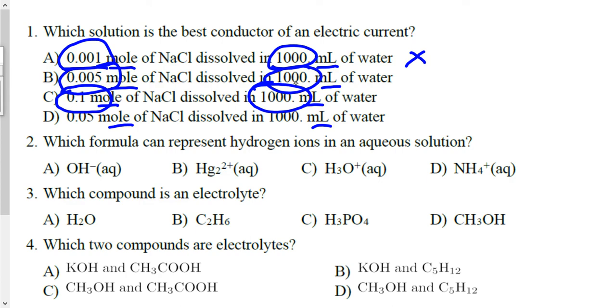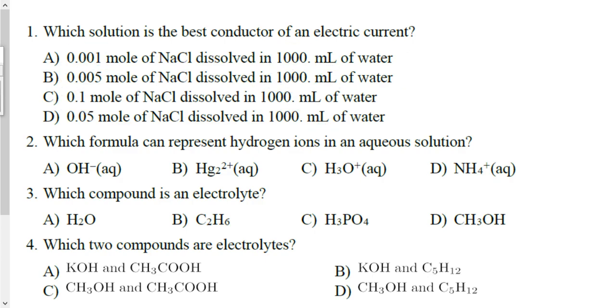So if I'm comparing B and C, I can cross out option B. And then I can also cross out option D as well because all of these options have less mole in 1000 milliliters of water. So the only option that would make sense is option C, where we have 0.1 mole in 1000 milliliters of water.